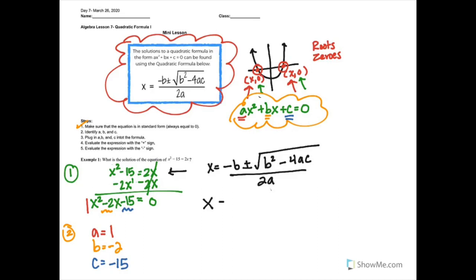So I have x equals negative. That negative must always be there. Even if your b is negative or positive, you always have that extra negative on the outside.